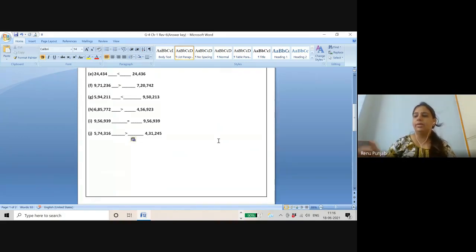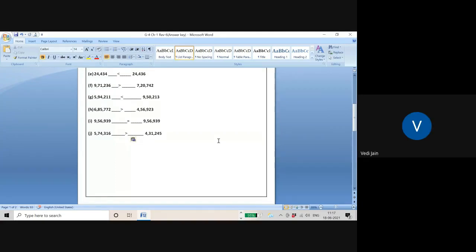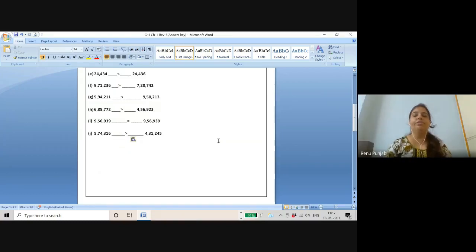Children, till then I will discuss with the students who have completed. What was our last topic in the chapter on long and short? Addition of kilometers and meters. So what are you expecting as the next topic?